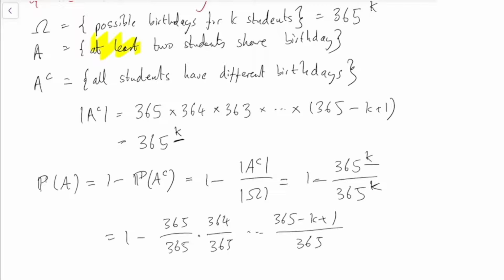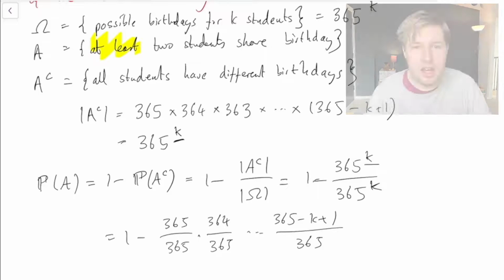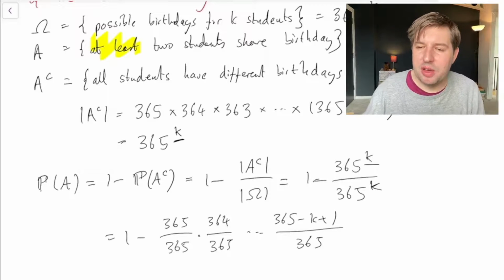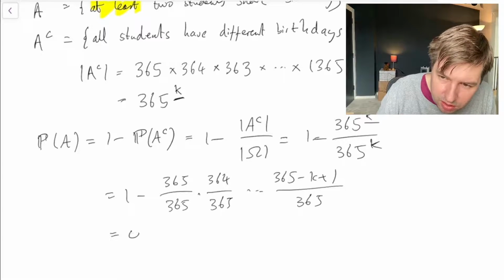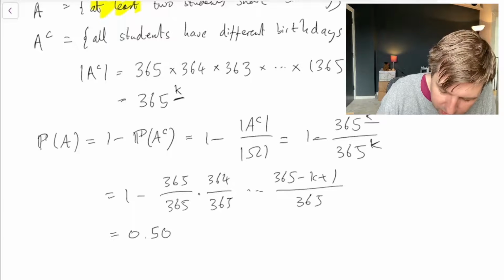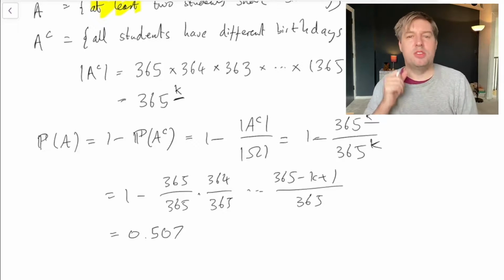So that's the number. I typed this into R earlier. You can see the command I used in the notes, and I got the answer 0.507, so just above 50%, nearer 51%. So it's more likely than 50-50 that at least 2 students share a birthday.